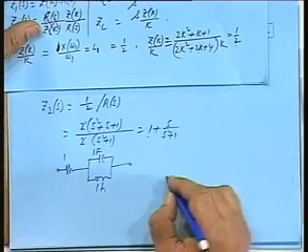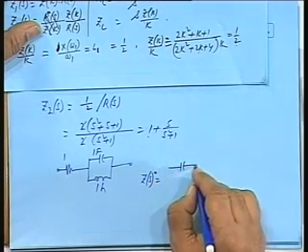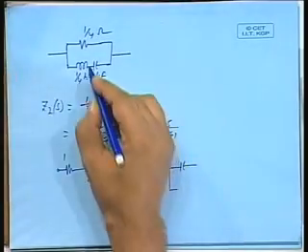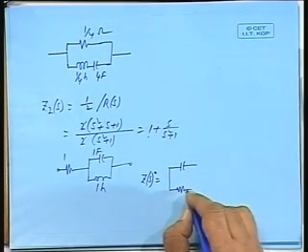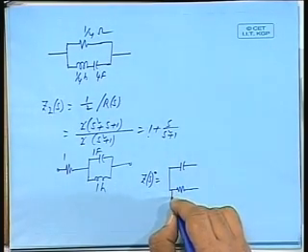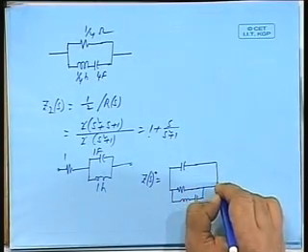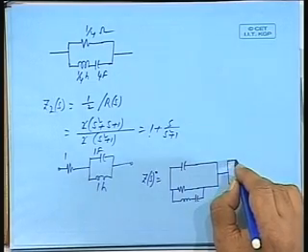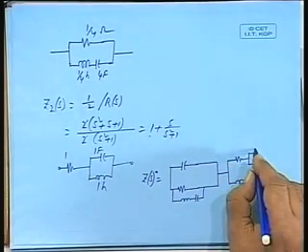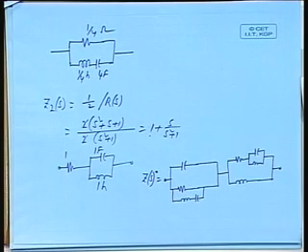So, you have the final Z(s) as a capacitor in parallel with Z1(s), that is a 1/4 ohm resistance and a network like this, and then an inductor, and this one is a resistance. So, this is the structure of Z(s).